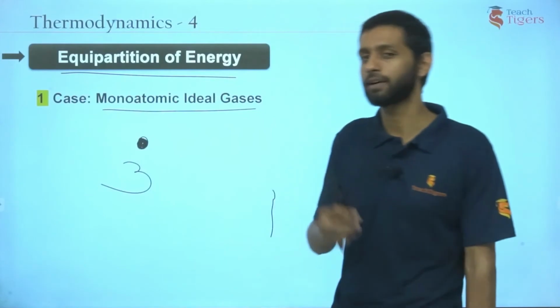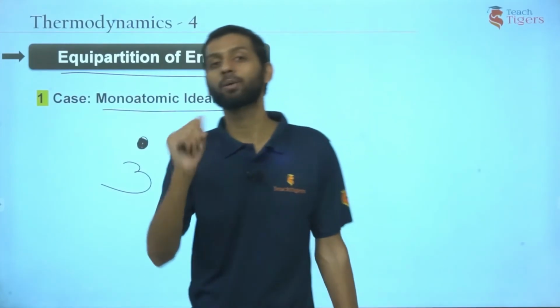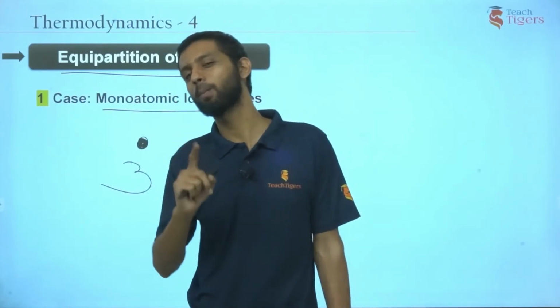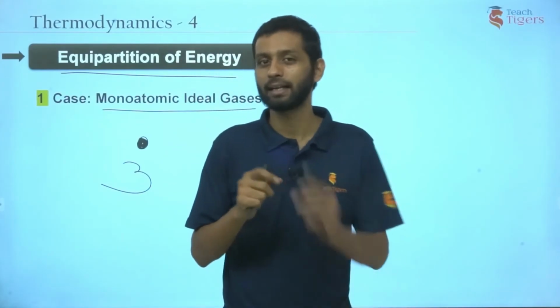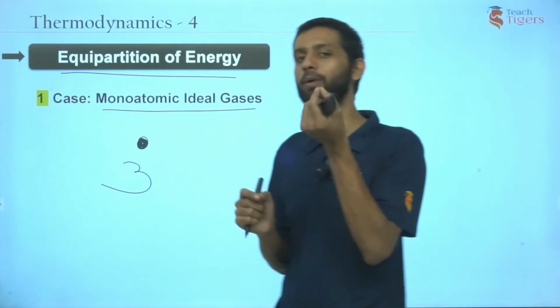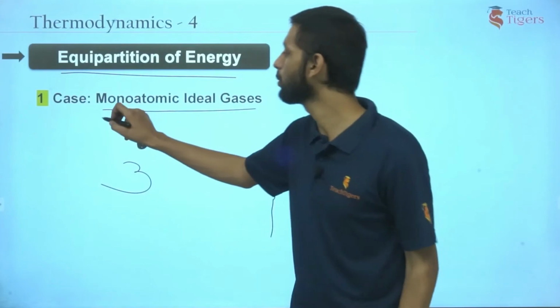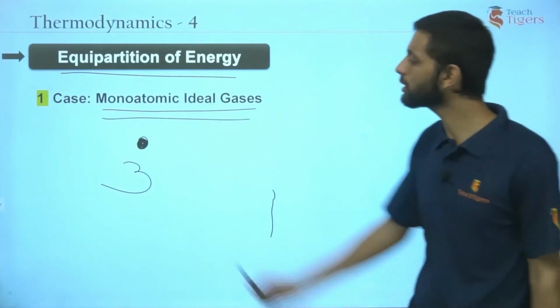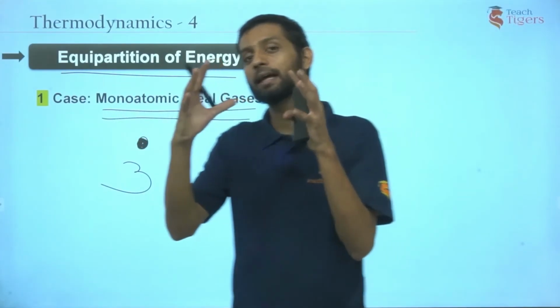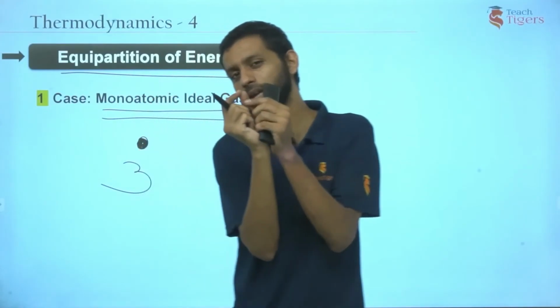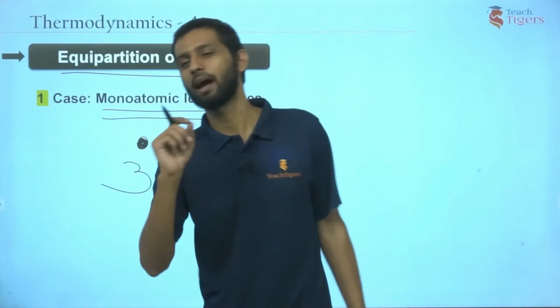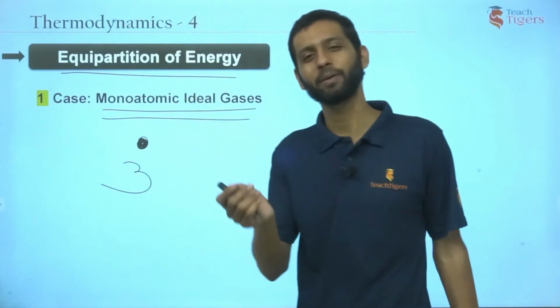How many degrees of freedom does it have rotationally? Can a single point rotate? When we talk about monoatomic ideal gases, we don't consider them to have a certain radius. We consider them to be point particles. And what is the radius of a point, by the way?